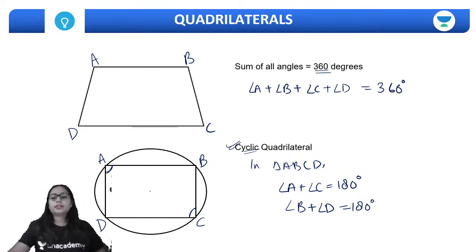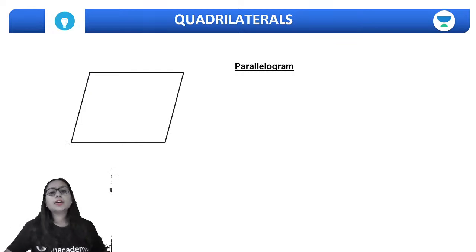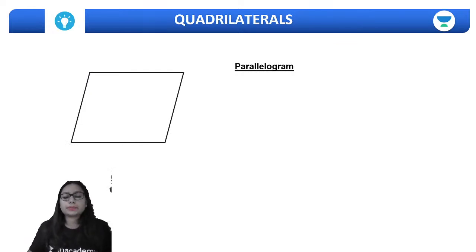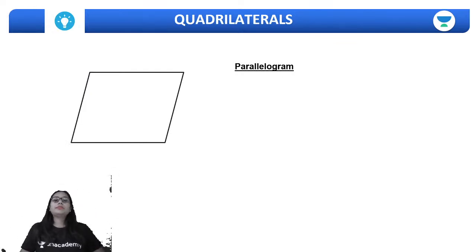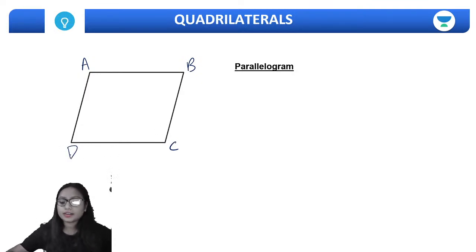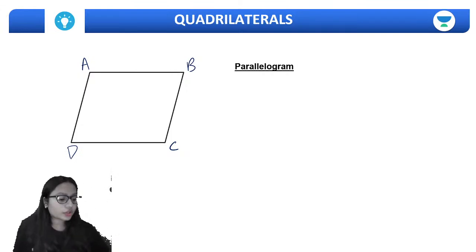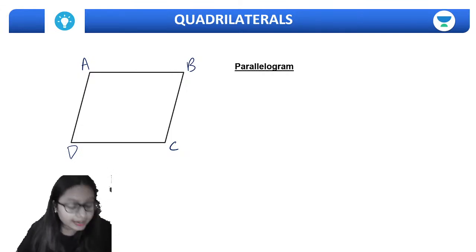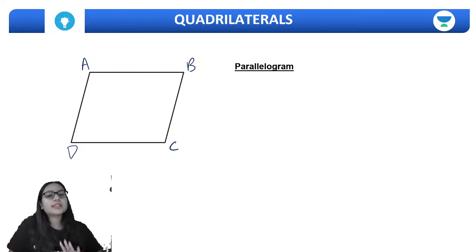Yes. Okay, let's proceed. Now let us discuss some basic properties of the types of quadrilaterals we have. So we have a parallelogram ABCD here. No, I'm not going to cover all the topics in today's class, but I'll try to cover some of the very basic concepts.